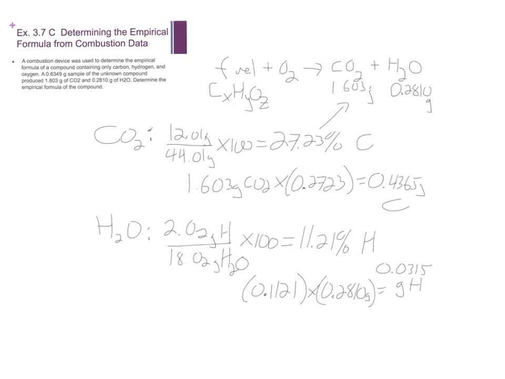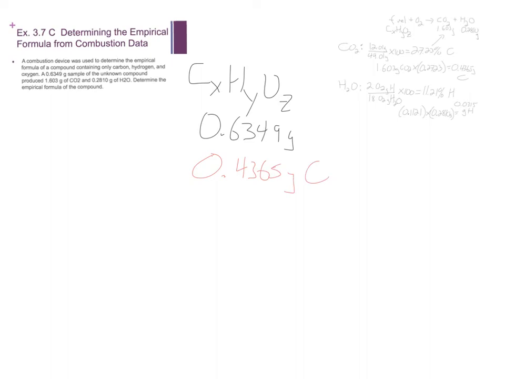The second part of this is taking those answers and making an empirical formula out of them. Our fuel, if you remember, was carbon, hydrogen, and oxygen. The total sample of the fuel was 0.6349 grams. We know that we just solved for 0.4365 grams of carbon, and there were 0.0315 grams of hydrogen.